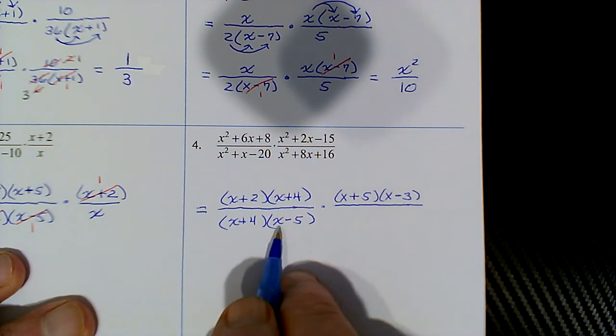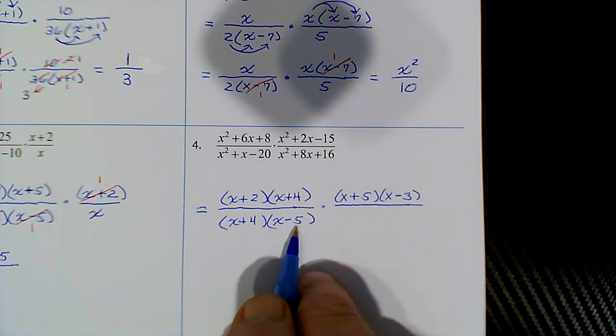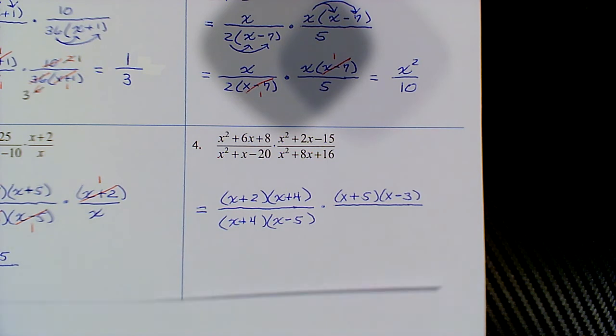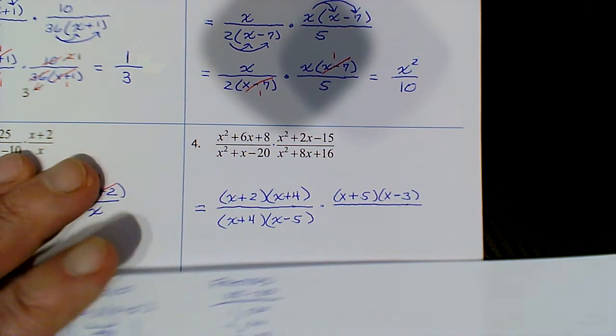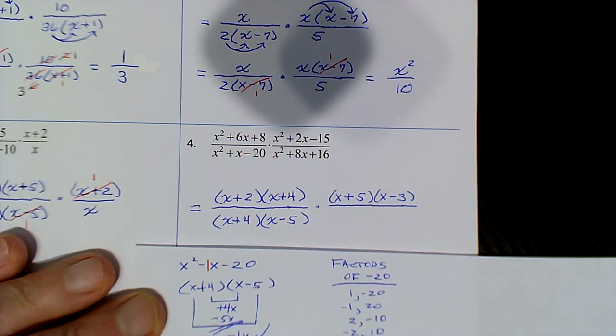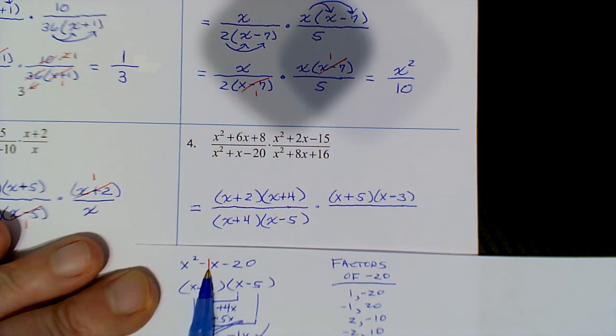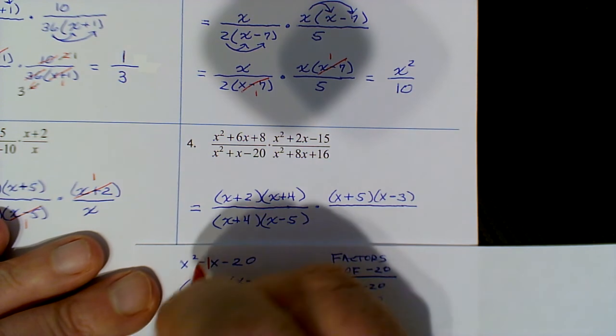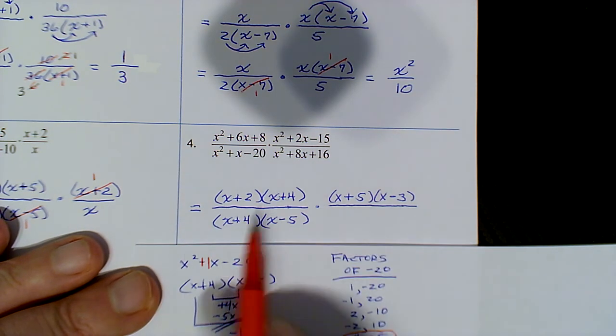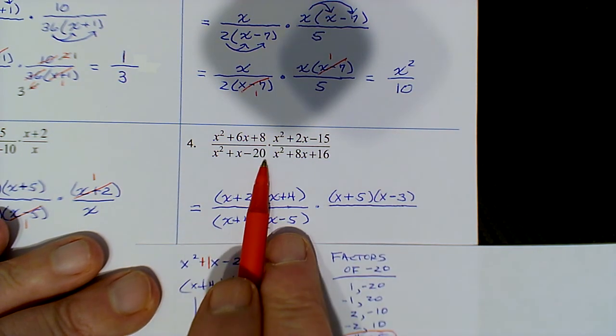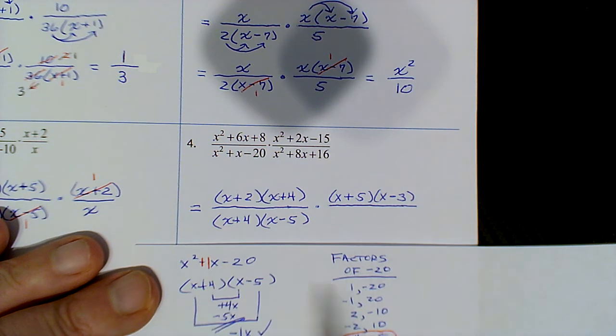Actually, I'm so sorry. I made a mistake with the earlier one. If we go back, I had recopied this wrong. This polynomial we were looking for was x squared plus x minus 20. So we're looking for a positive 1, which would be the negative 4 and the positive 5.